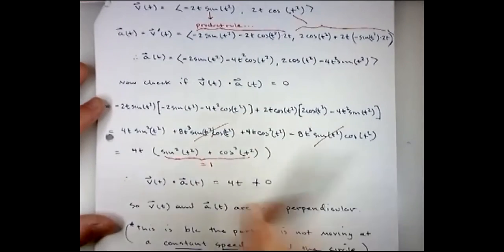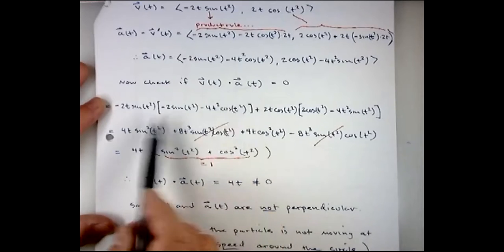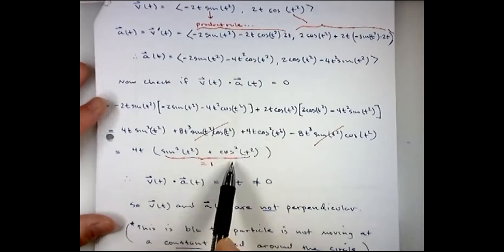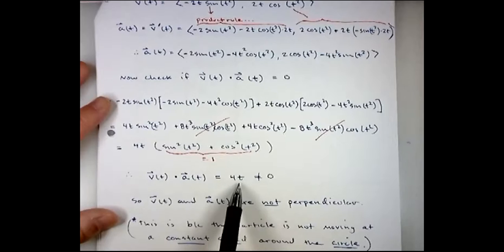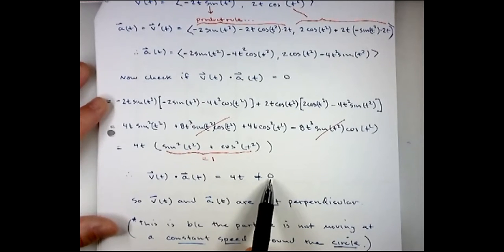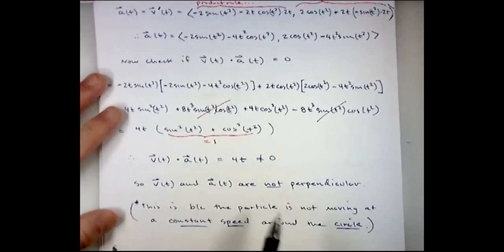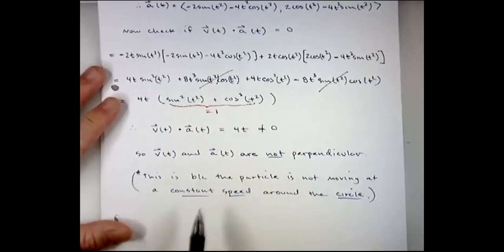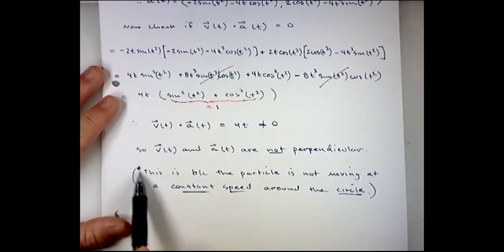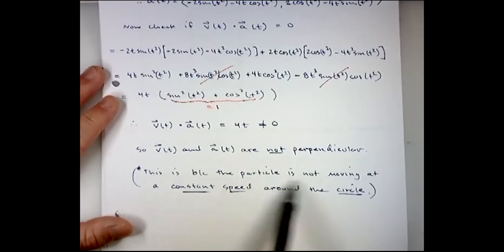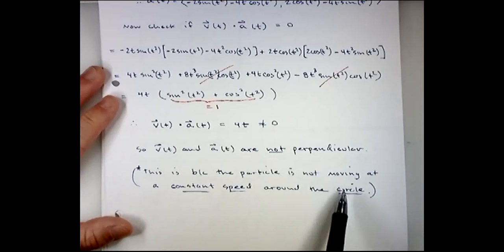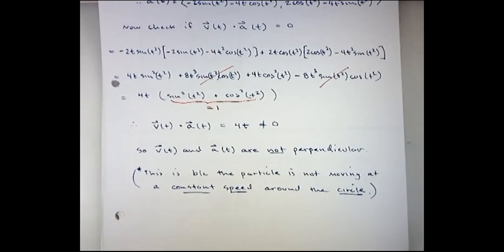If you run through the math and try doing the dot product of your velocity with your acceleration vector, I end up getting 4t, which is not a constant. Which is not 0, is it? Unless t is 0. That is not always going to be 0. So that tells me my velocity and acceleration vectors are not perpendicular. And why is that happening? This is because we're not traveling around a circle at a constant speed. The speed is changing.